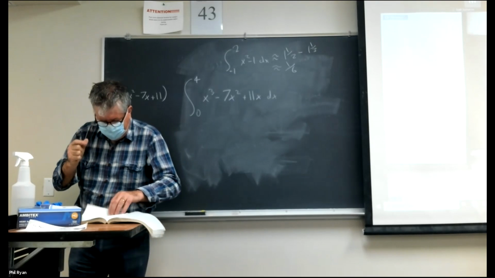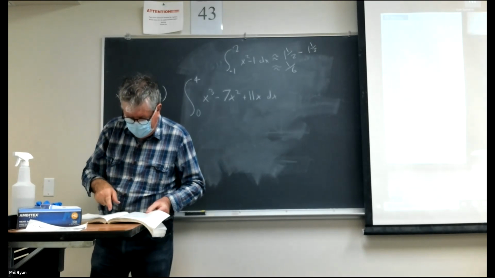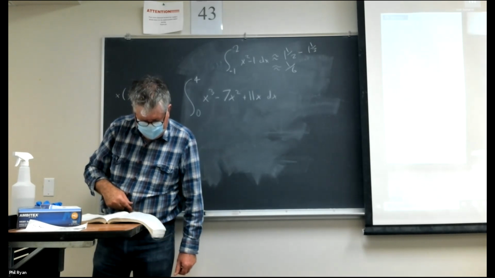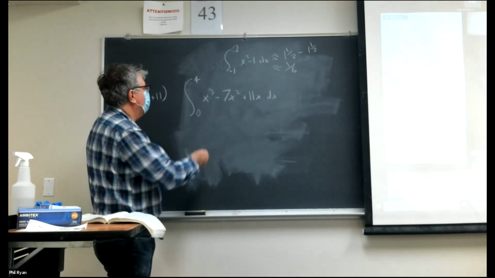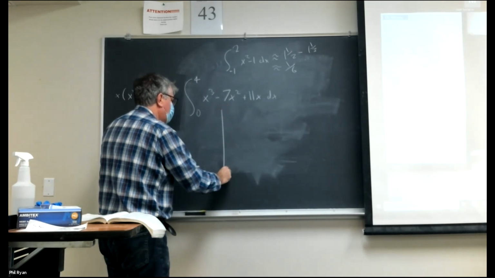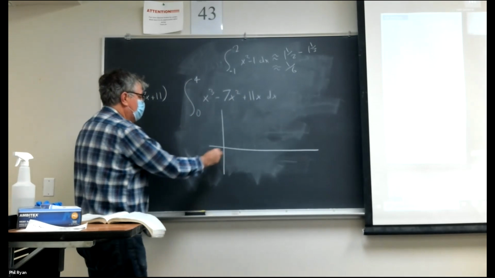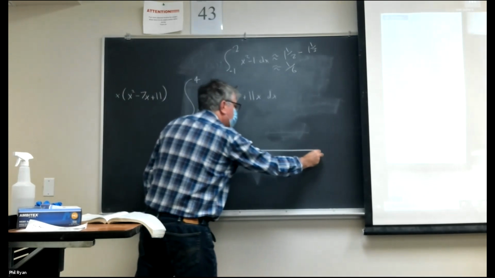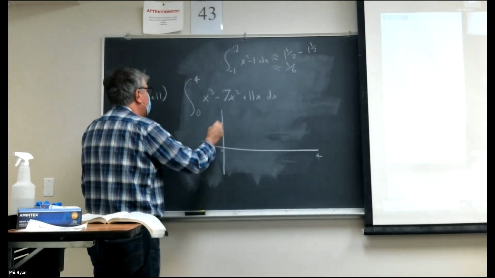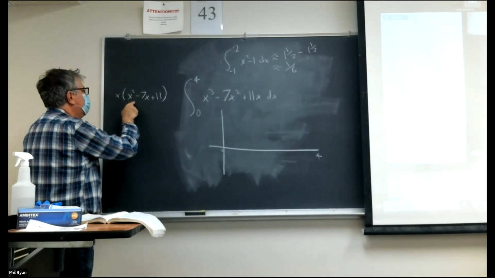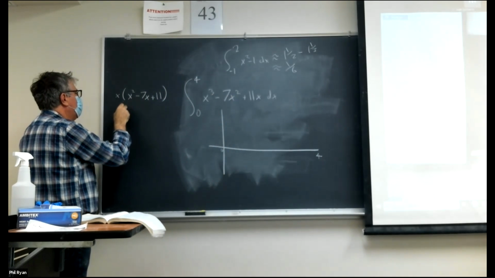Then we've got to figure out what exactly that looks like. We then go ahead and graph that. It's going to be between 0 and 4. And what happens when we use the quadratic equation on that?